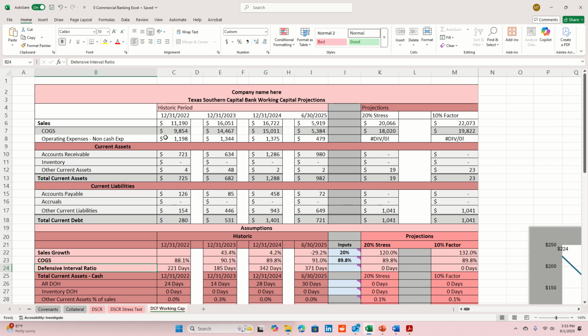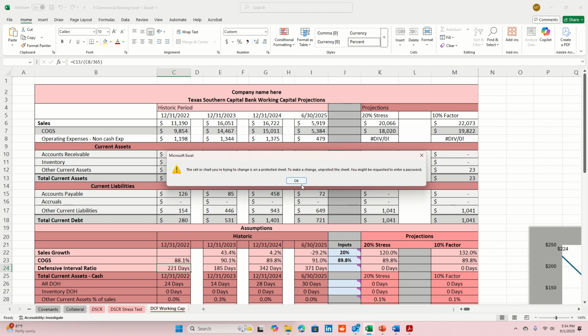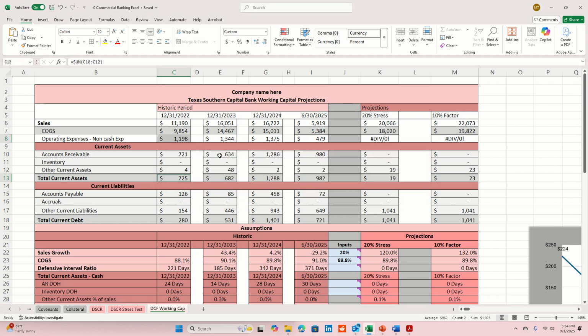So it's literally your operating expenses divided by your working capital. I think that's what it is. Okay, let me see. C8 divided by C13.